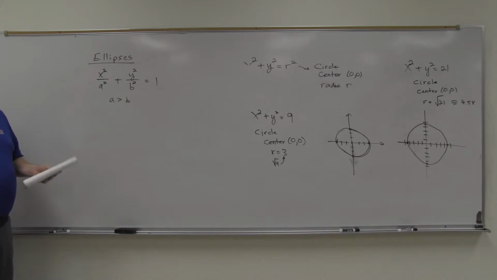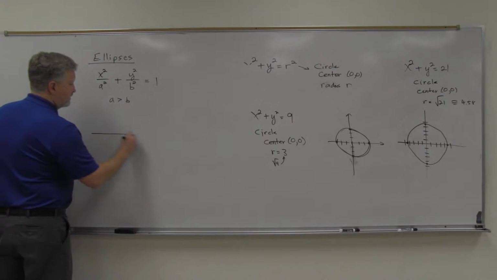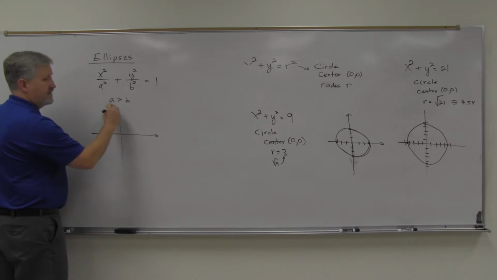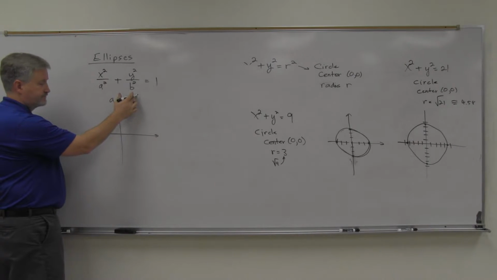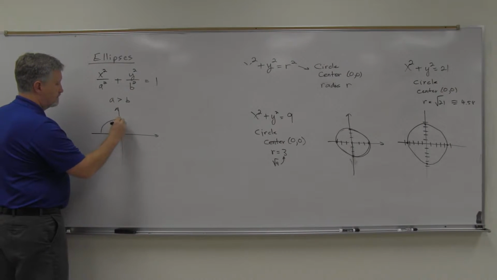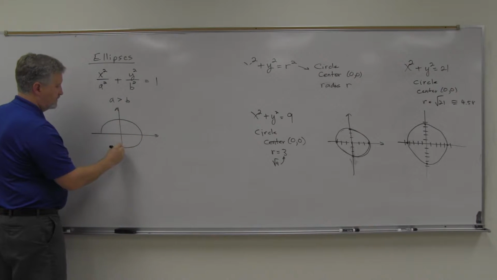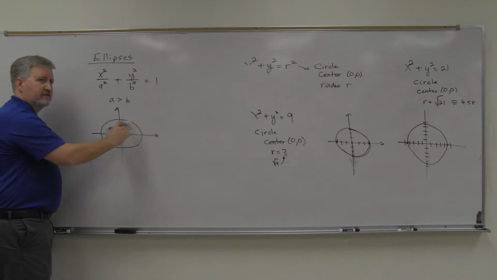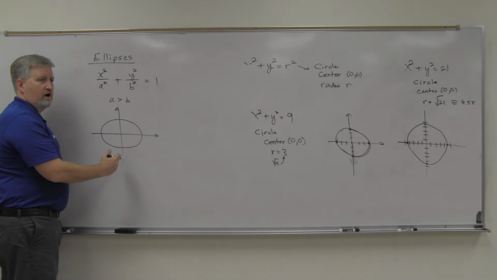They don't do that on the hyperbolas, but for the ellipse, it's because of the focus equation, basically, I guess. But anyway, if a is greater than b, so this one's bigger than this one, you've got an ellipse that is longer than it is wide.